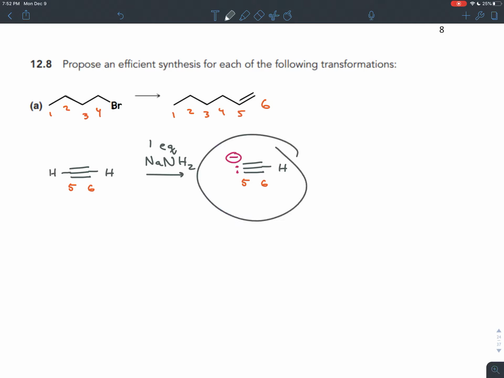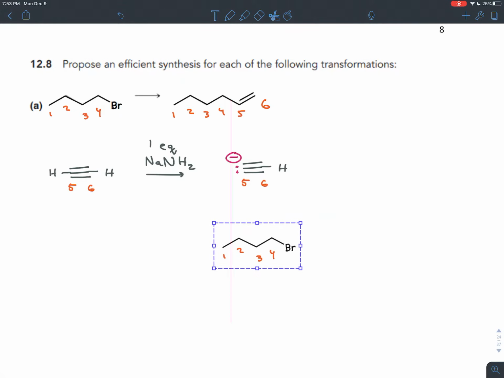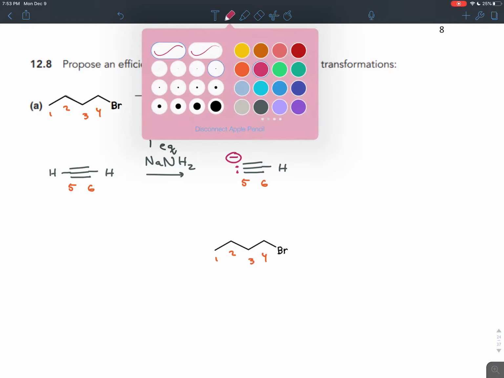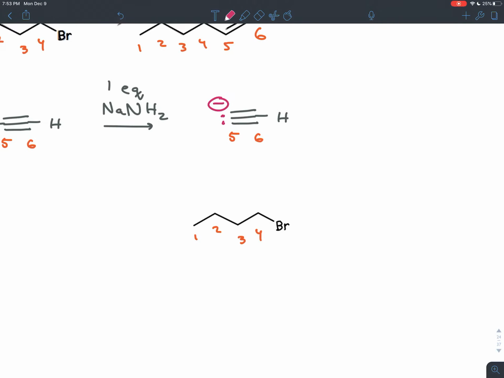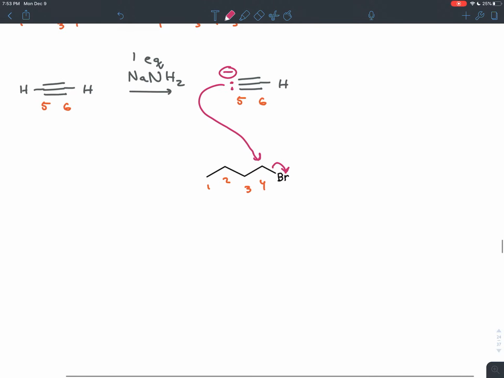So once you have that nucleophile, then you can take your alkyl halide and do an SN2 reaction. That carbon nucleophile will attack this carbon here and kick the leaving group off. And so we'll form a new bond between carbon 4 and carbon 5.